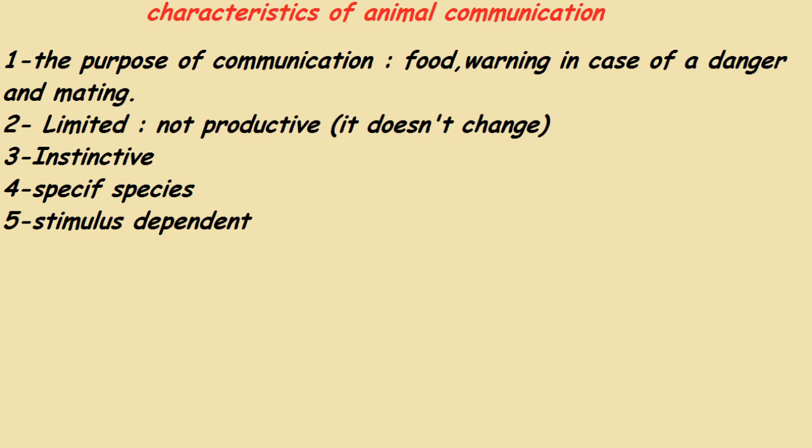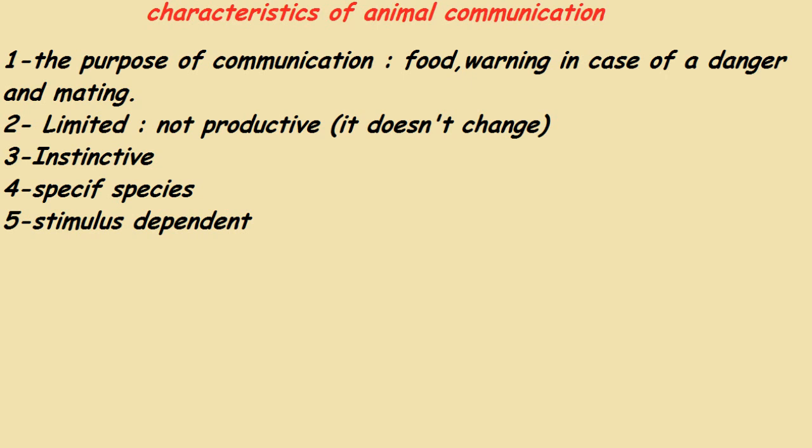The fifth characteristic is that it is stimulus dependent. A stimulus is like a reason. When we say dependent, it means the animal depends on that stimulus. I exemplify to understand. You have a pet, a cat or a dog. Whenever this dog is hungry, it has to communicate with its owner in order to get food, which means the stimulus is hunger.